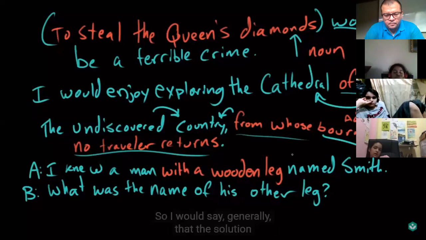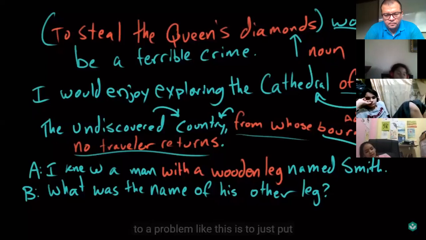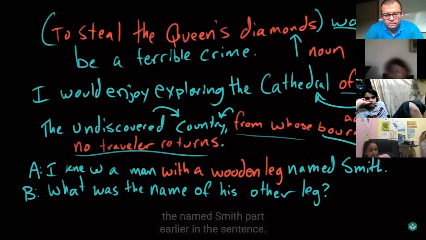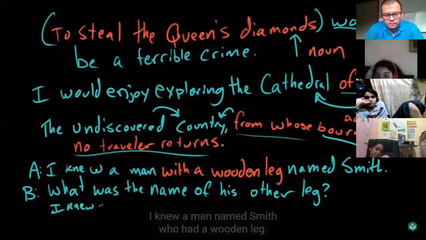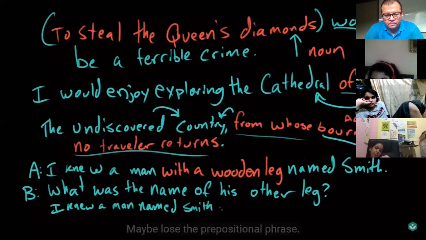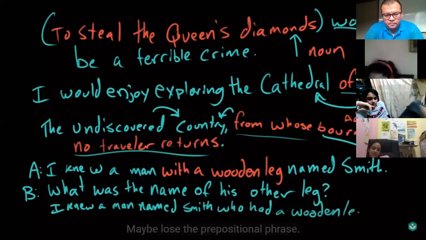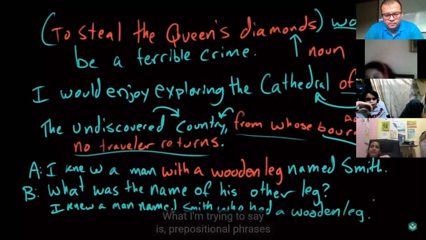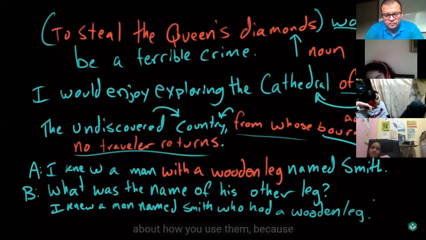Generally, the solution to a problem like this is to put the named Smith part earlier in the sentence: I knew a man named Smith who had a wooden leg. Maybe lose the prepositional phrase. That solves the problem. What I'm trying to say is prepositional phrases are very powerful, but you have to be careful about how you use them, because if you're not careful, you can create confusion or ambiguity.